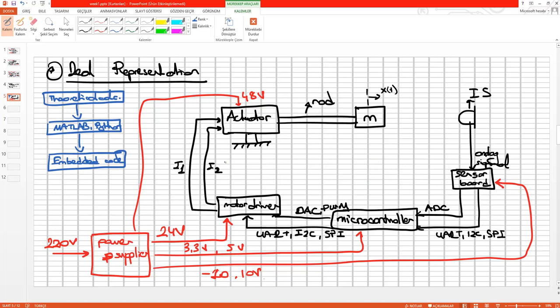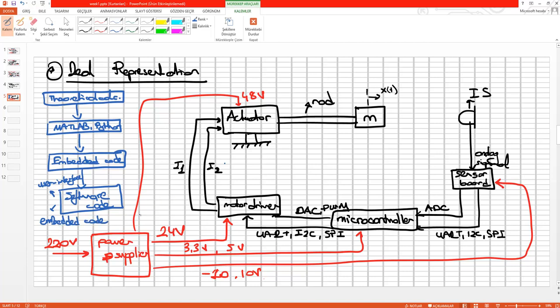And so this embedded code creates the total software code. But this software code has both the user interface and the embedded code, okay?